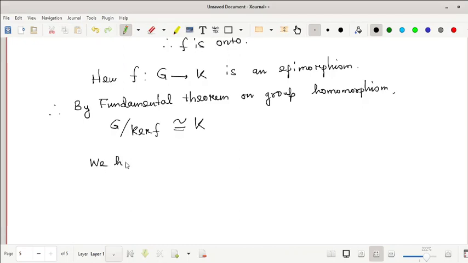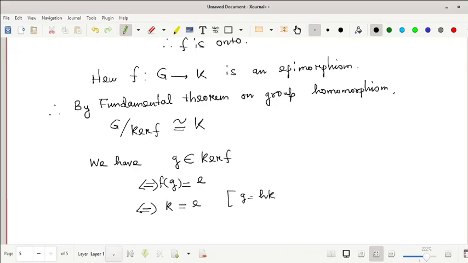We have g belongs to kernel f implies and is implied by f of g is equal to e, the identity in K, implies and is implied by f of g is k, k is identity, g equal to hk.